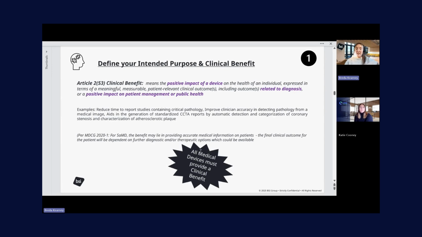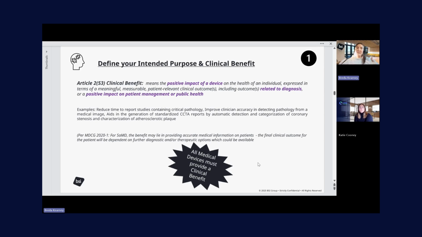The other important thing to point out here is for a lot of software devices that come in, we see in the clinical evaluation that the manufacturer will claim that there's no clinical benefit for the patient, but all medical devices must have a clinical benefit. That's the whole underlying premise of being a medical device.